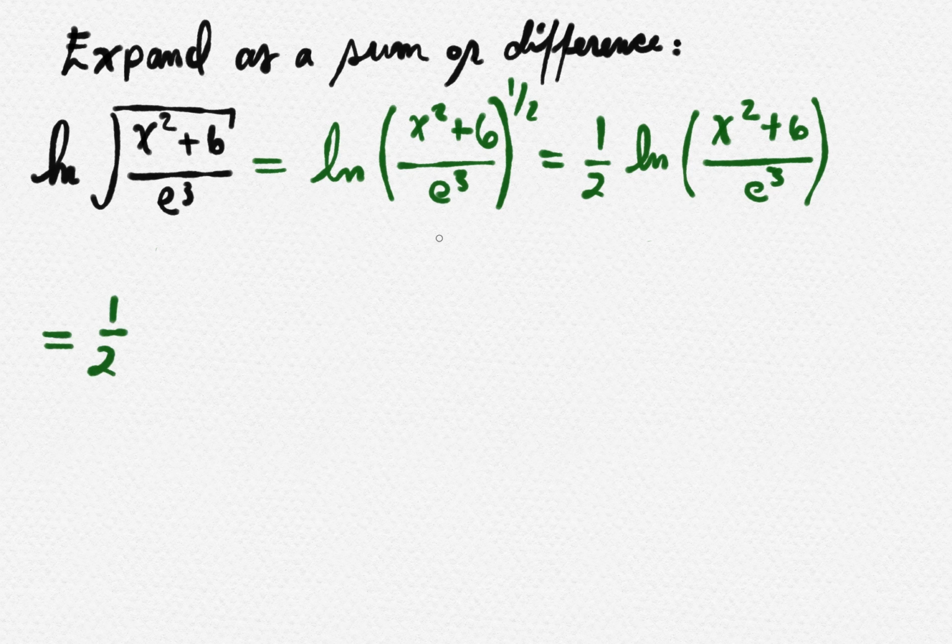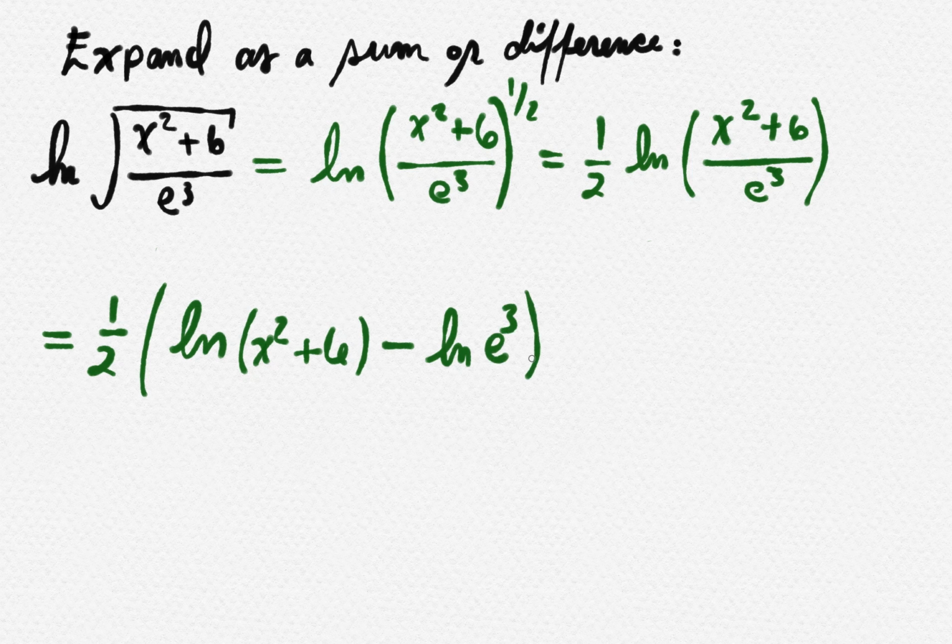And then we'll use the quotient property again. Okay, so I've just taken log of x squared plus 6 and then subtracted off log of e cubed. Okay, now we can use the power property on the second logarithm.